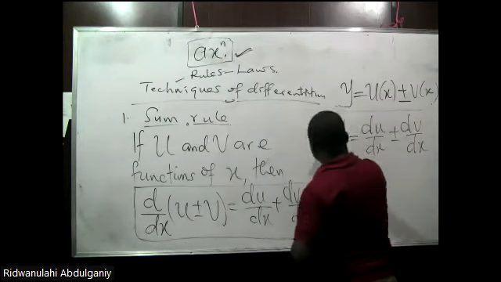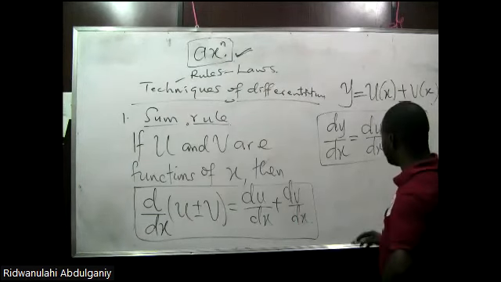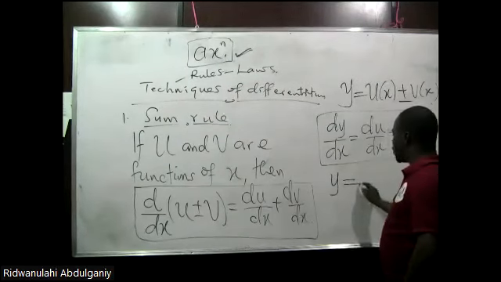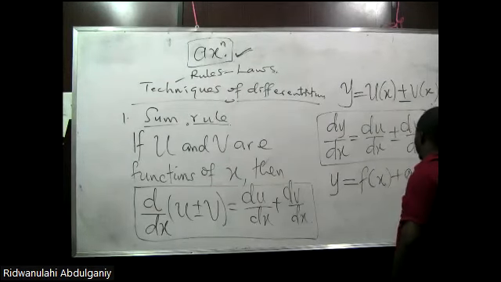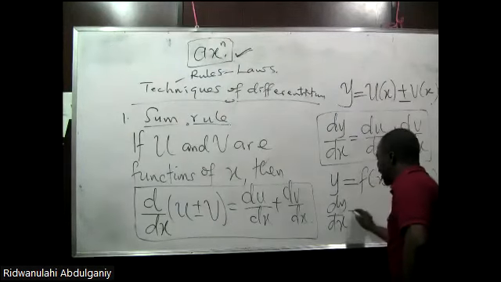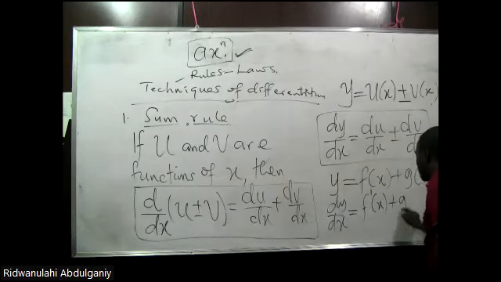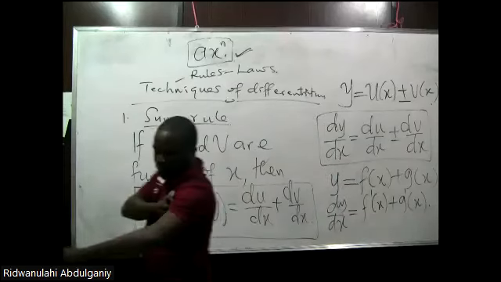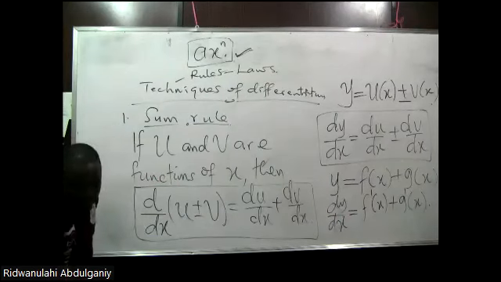We have written the same thing. Nothing changes. Some have written it as y equals f of x plus g of x, and they put dy dx equals f prime of x plus g prime of x. These are the various ways through which this has been written.